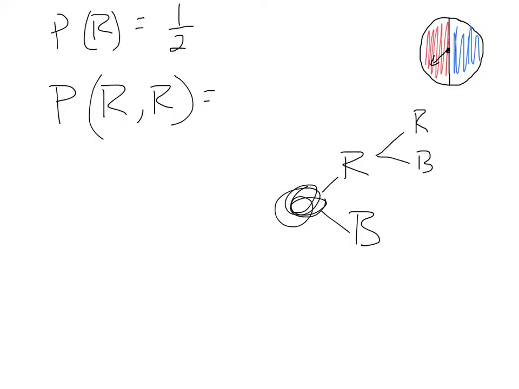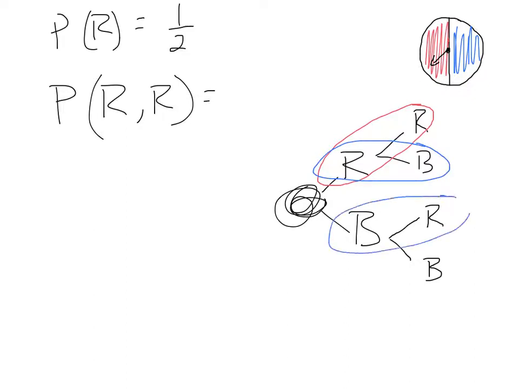If you got a blue when you originally spun, you can spin again and get a red or a blue. So out of the total possible scenarios here, I see one that gives you 2 reds. One out of the 4.